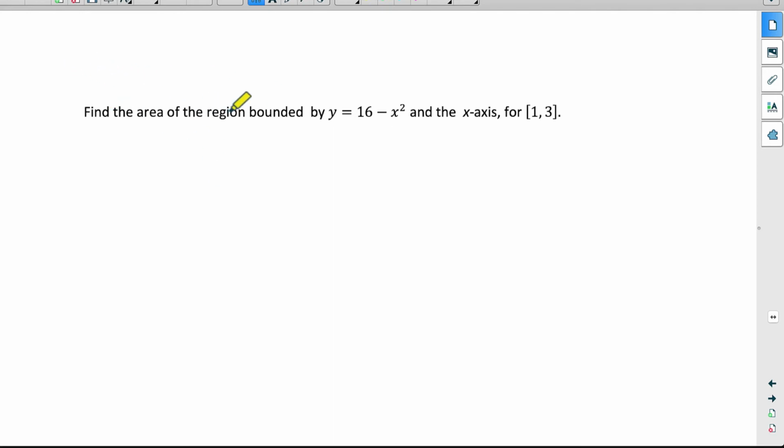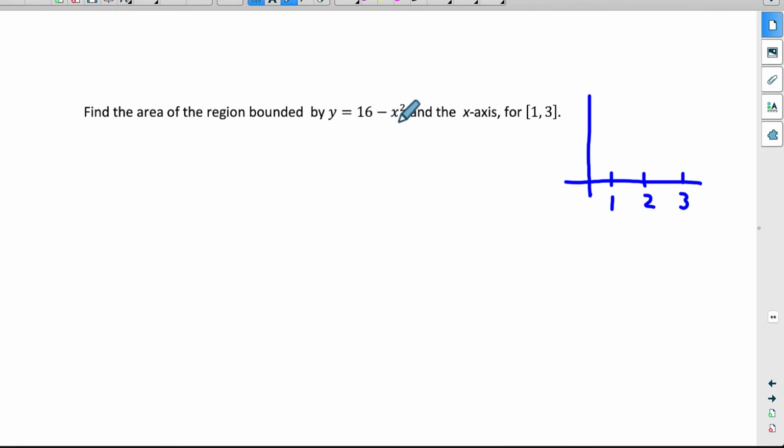So, find the area of the region bounded by y equals 16 minus x squared and the x-axis on the interval 1 to 3. So we don't have to do this, but let's actually sketch this. Why not, right? Now we're only going from 1 to 3, so I can just draw in the first quadrant. And 1, 2, 3. Now you should know what this looks like.